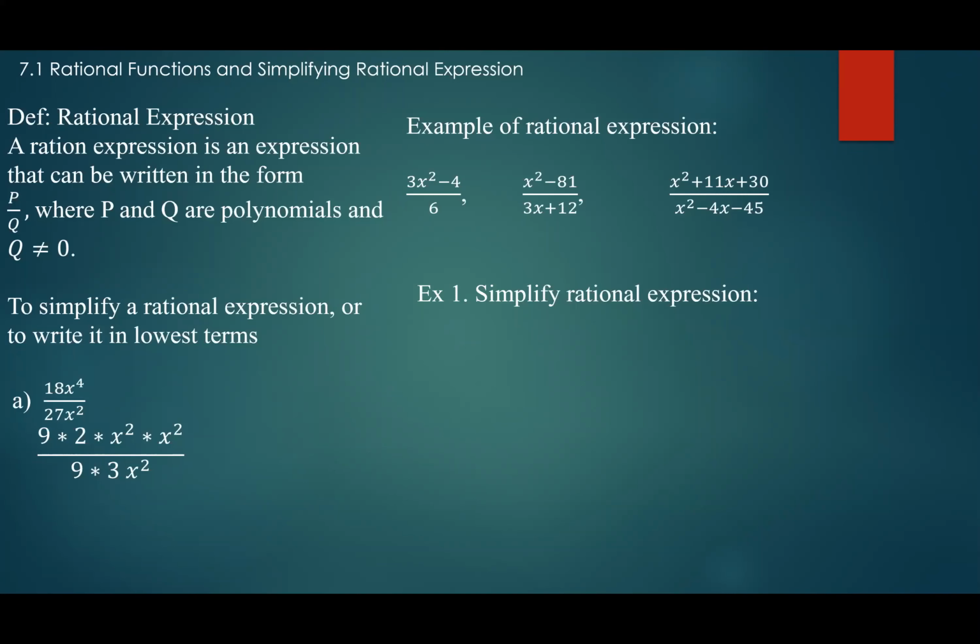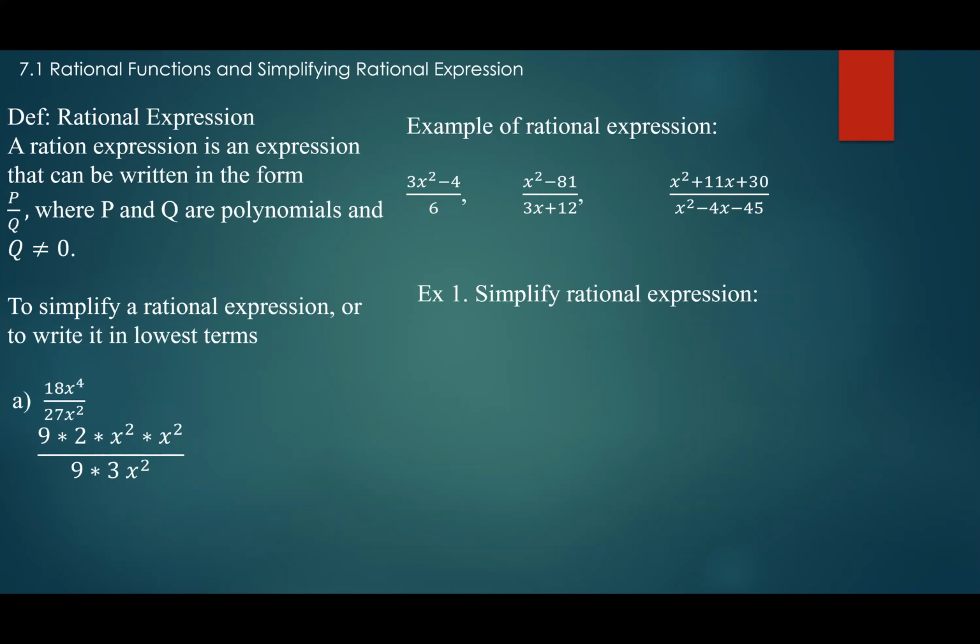And do you agree that x squared times x squared will give me x to the 4? If you go back to chapter 5, when we multiply the same base with different exponents, we add the exponents. So all I did was break down my numerator and my denominator. Instead of writing 27, 9 times 3 is 27.